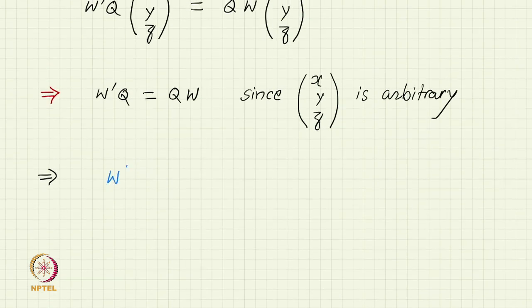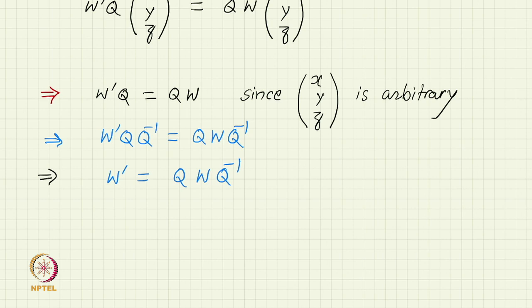achieved. So, W prime is equal to Q W Q inverse, because you have to right multiply by Q inverse on both sides. I am jumping one step, but for the sake of clarity let us do those steps also.